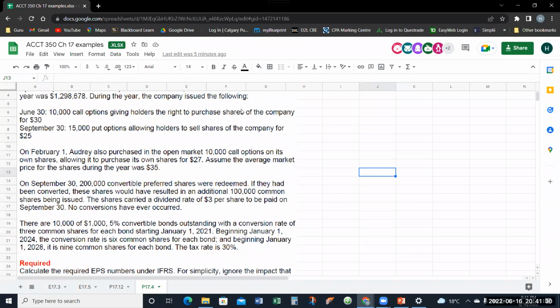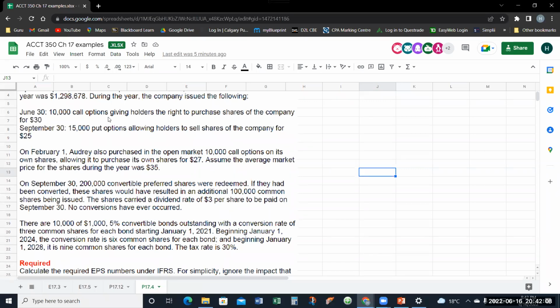10,000 call options gives the holders the right to purchase shares of the company for $30. So exercise price, $30. Average market price, $35. Were these call options in the money? Call options are in the money if the exercise price is less than the market price.